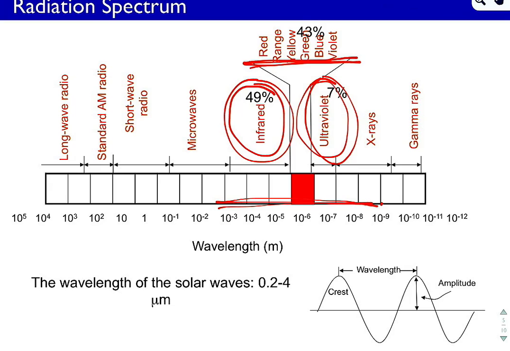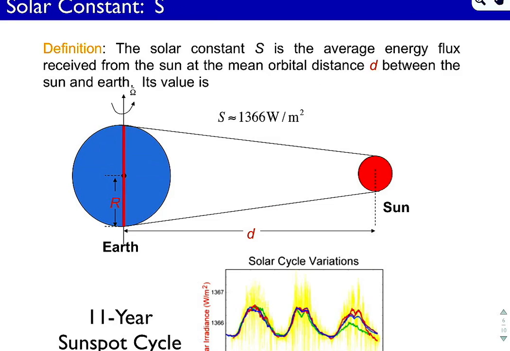So we're talking about on the order of 0.2 micrometers, so in the hundreds of nanometers in terms of the wavelength of our solar radiation. How much radiation is coming out?